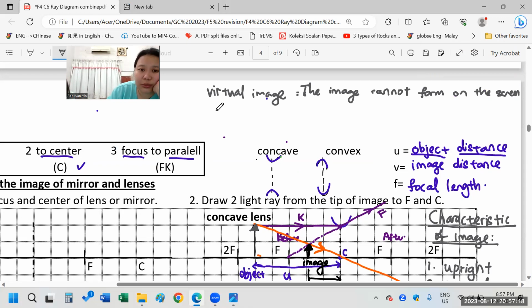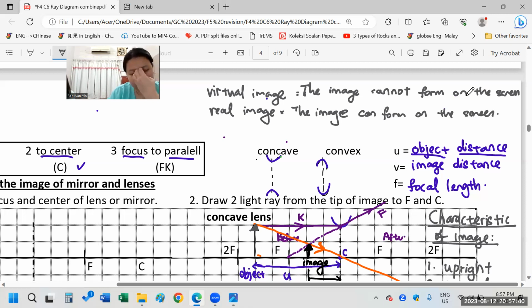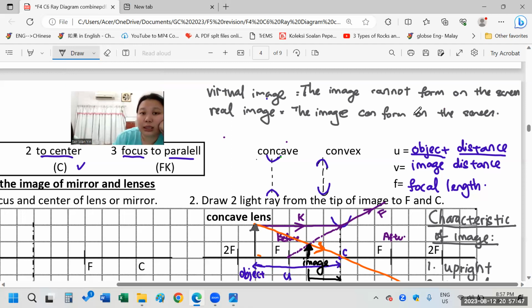And what is a real image? Real image means the image can form on the screen. Then you might ask, what is that? Okay, now very easy. You look at a mirror.